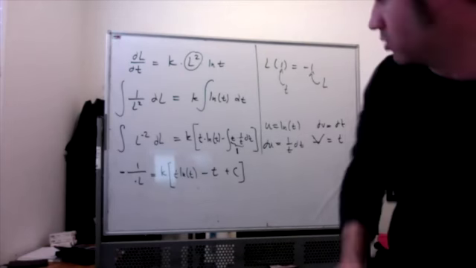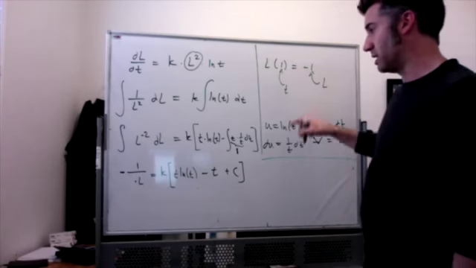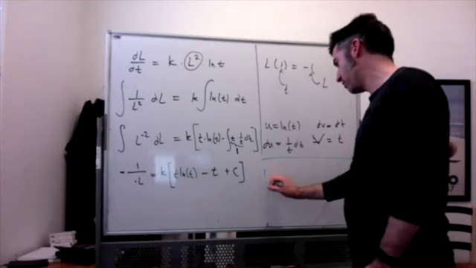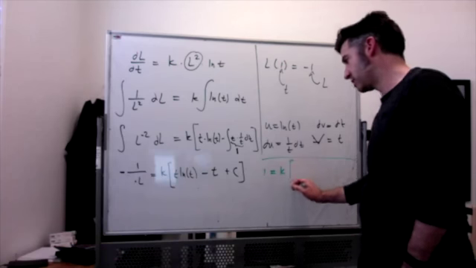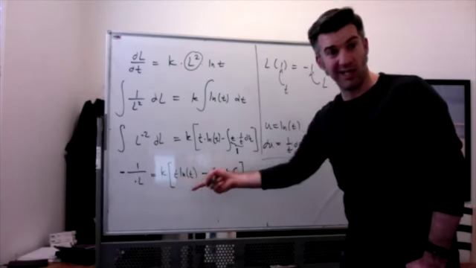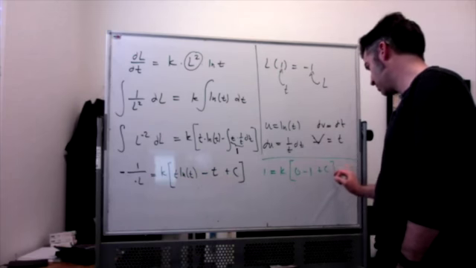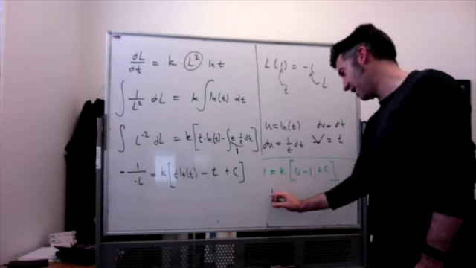I'm going to plug in negative 1 for L and 1 for T. So I'm going to get negative 1 over negative 1. So that's going to be 1 equal to K times 1 times natural log of 1, which is 1 times 0, minus 1 plus C. So solving for C, divide both sides by K.